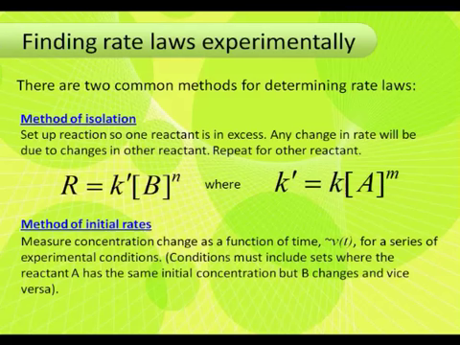We repeat it for other reactants like that. I think you already learned this in secondary schools, so it is not hard to find rate laws by the isolation method.